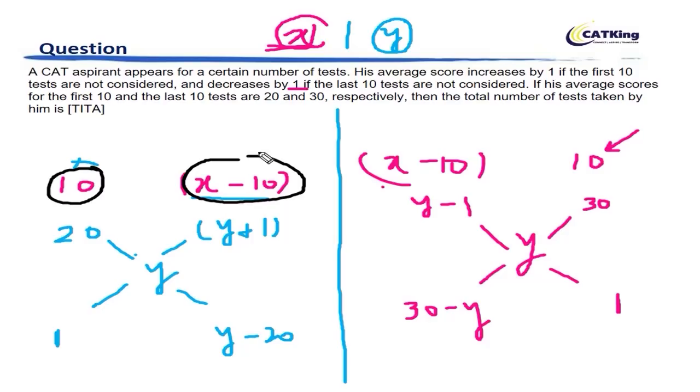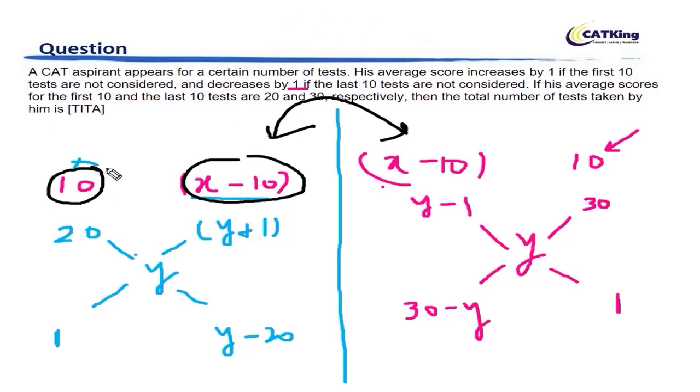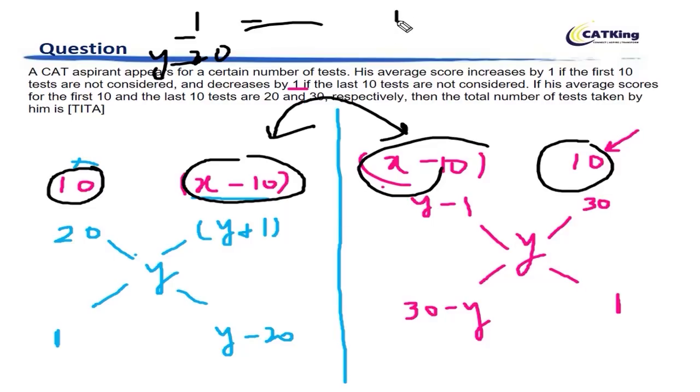The ratio in both these cases, 10 to x minus 10, is a constant. So in the first one, the ratio of 10 to x minus 10 is 1 upon y minus 20. And in the second case, the ratio of 10 to x minus 10 is 1 upon 30 minus y.